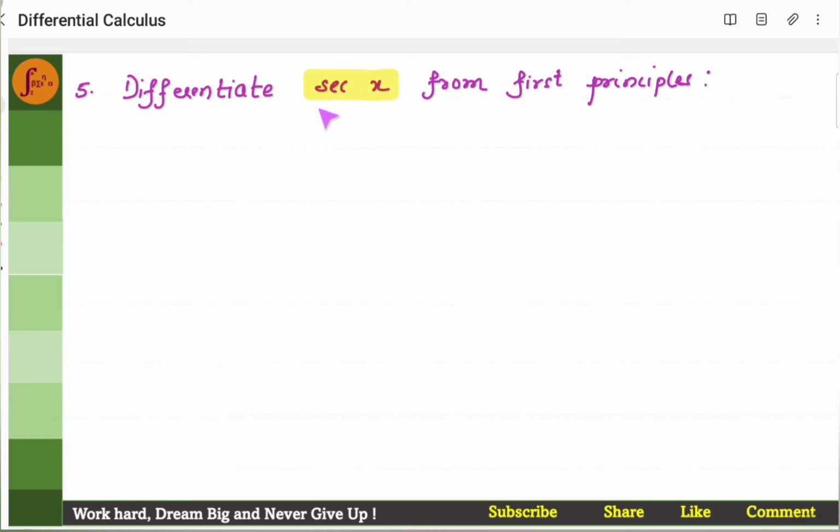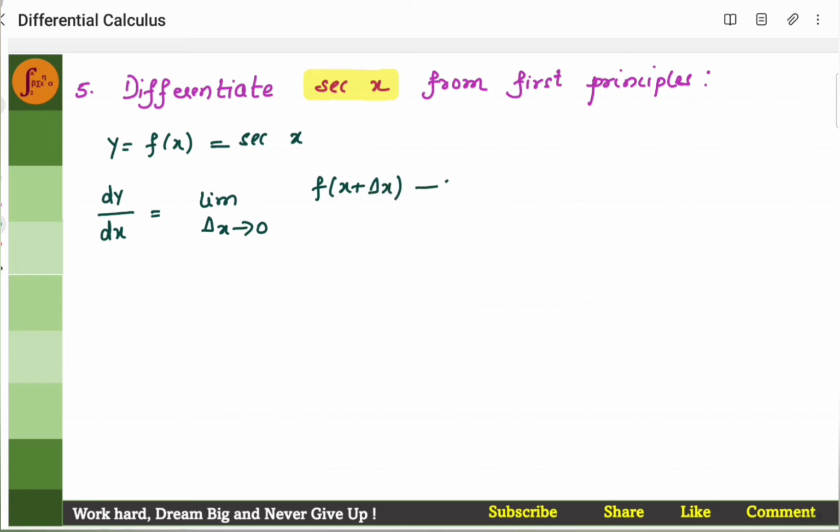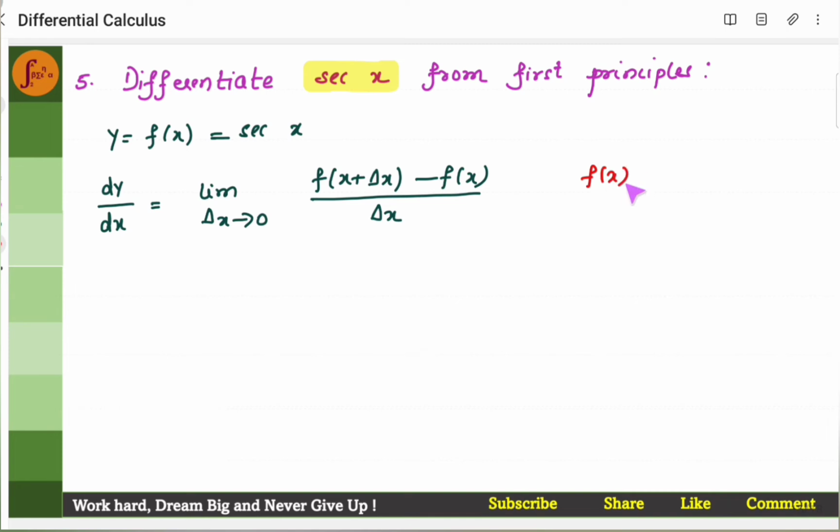Now let's try to differentiate secant x using first principles. So what do we have to do? y is equal to f of x is equal to secant x. So we'll write the formula dy by dx is equal to limit delta x tending to 0 of f of x plus delta x minus f of x upon delta x. f of x is equal to secant x. f of x plus delta x is equal to secant of x plus delta x.